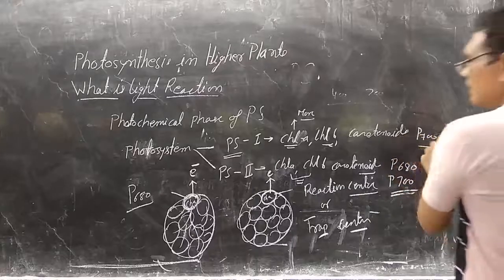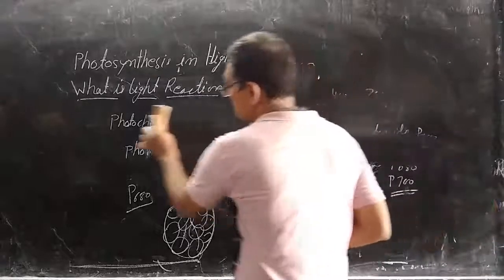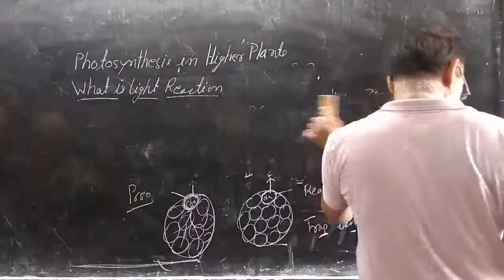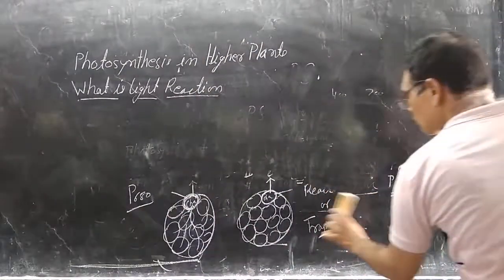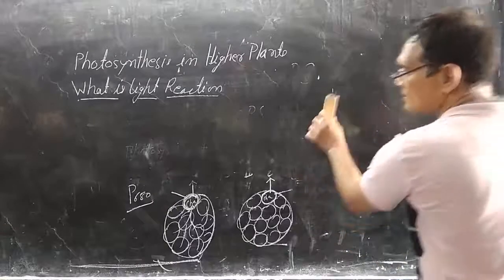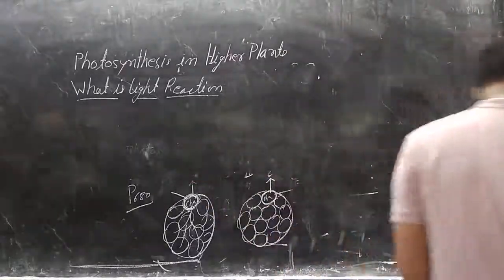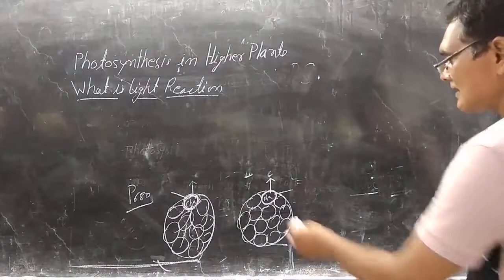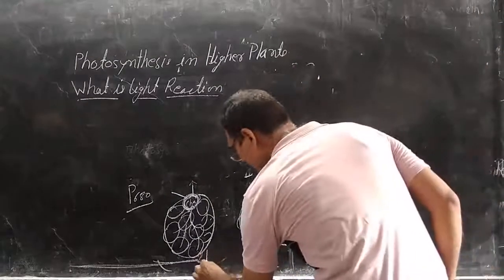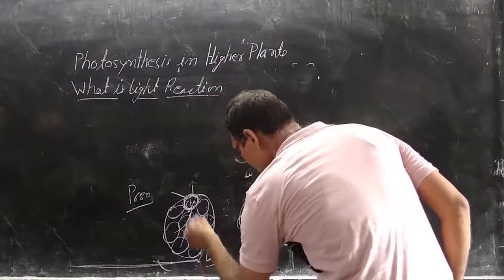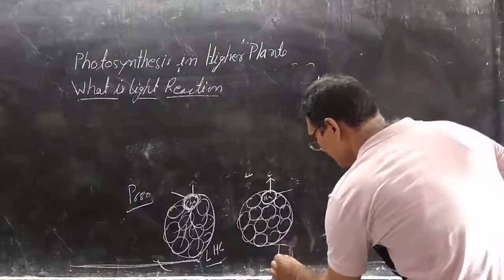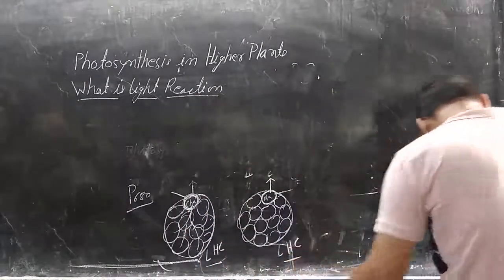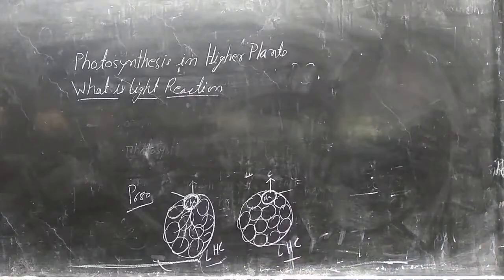How the electron released from these reaction centers will be transferred, यानी ये इलेक्ट्रॉन ट्रांसफर कहाँ होता है, कैसे होता है. अगर अपन इसका इलेक्ट्रॉन ट्रांसफॉर्मेशन देखें, so these are the LHC, that is light harvesting chlorophyll, and these are again LHC, or we can say these are a particular type of cytochromes.